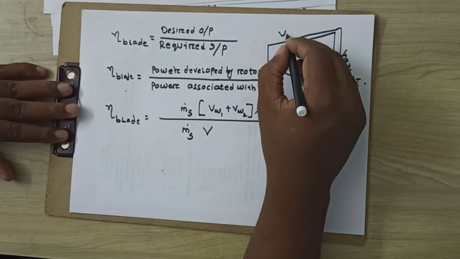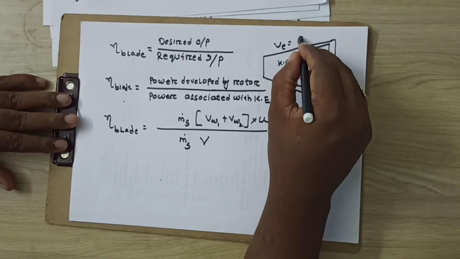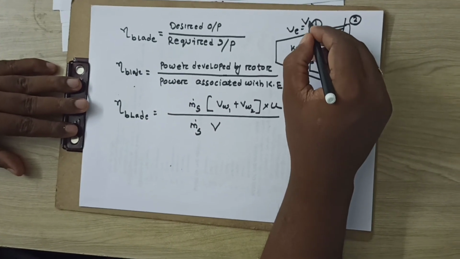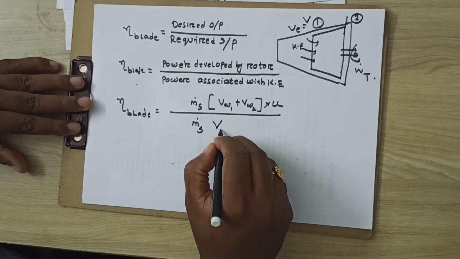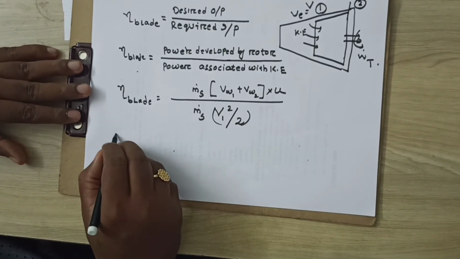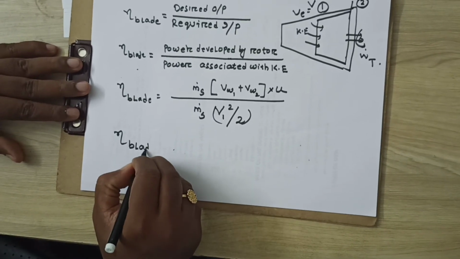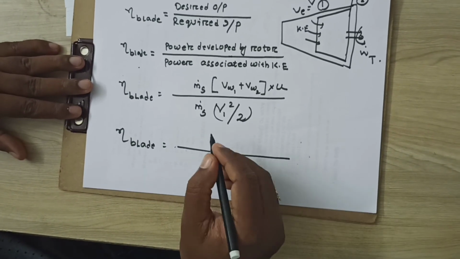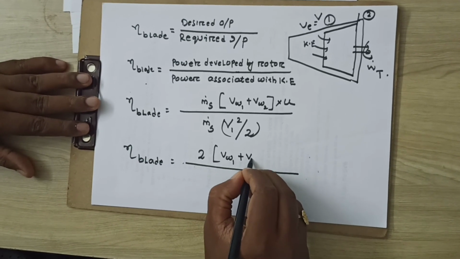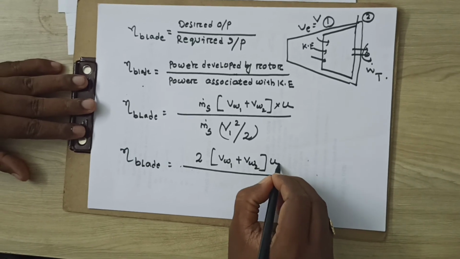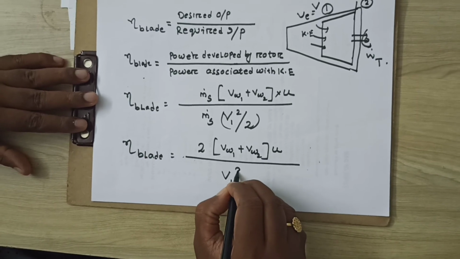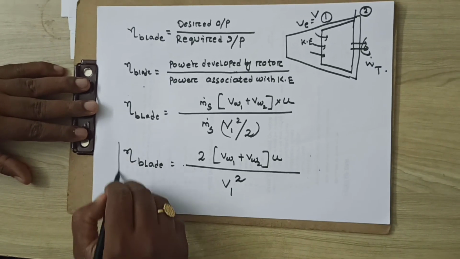And this V exit for the nozzle, this will be the inlet 1 for the steam turbine and 2 for the exit, so Vi is equal to V1, so let it be V1 square divided by 2. So eta blade will be 2 whole into VW1 plus VW2 into U divided by V1 square. This is eta blade.